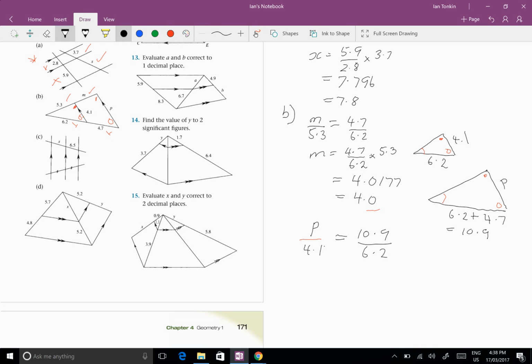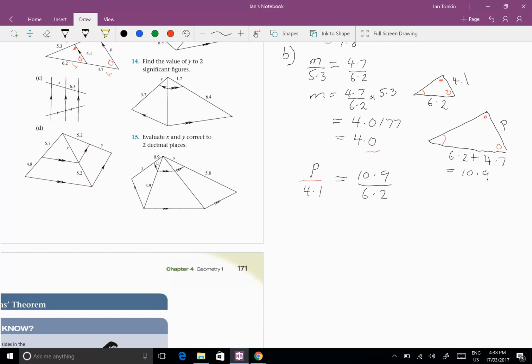Now remember the value for P we should get is bigger. Well, not quite twice as big. These sides are in ratio 6.2 to 10.9, but bigger, significantly bigger than 4.1. So when we get an answer, we should be going, oh, well, it's possibly going to be 8 or 9.